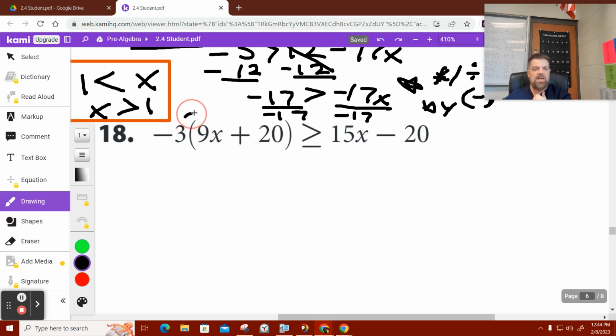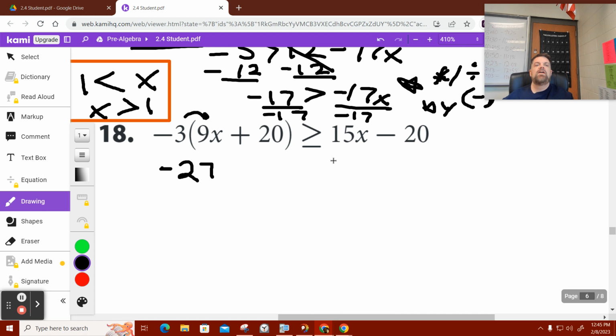So we're going to distribute the negative 3 through the parentheses. Negative 3 times 9x, go. Do it on your calculator if you're not 100% sure. Negative 3 times 9x, but don't put the x in. Negative 27.